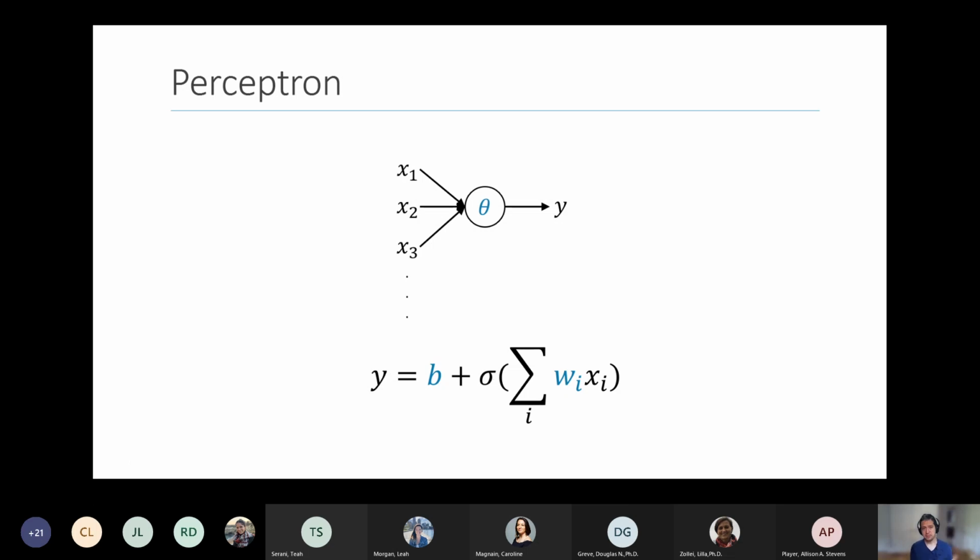So again, very simple. If I have 10 inputs to my perceptron, I just have 11 weights, right? The 10 weights from the inputs plus 1 bias. So 11 weights. But of course, as I stack a bunch of these, I start getting more and more weights into my network.